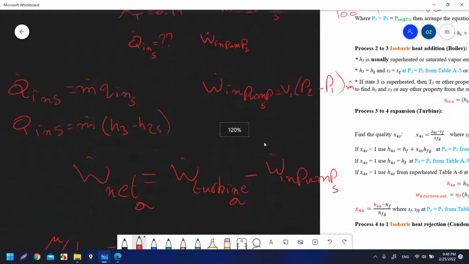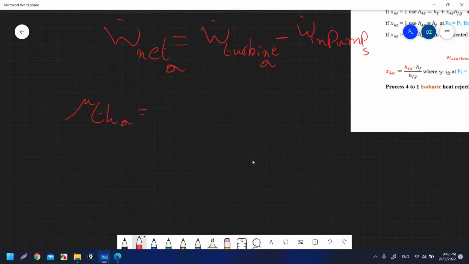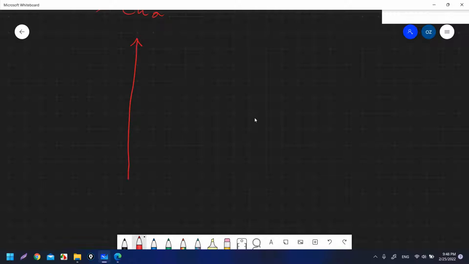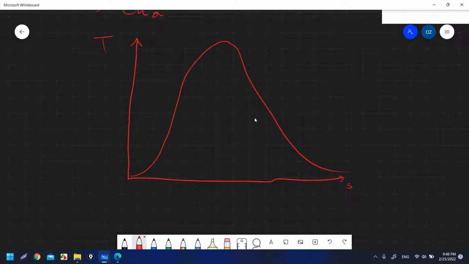So if we draw the cycle, for the thermal efficiency part, we will write the equation at the end, okay. If we draw the cycle on the TS diagram, here we have at state 3 the turbine inlet, okay, and the expansion is actual, right? So it will be like this.